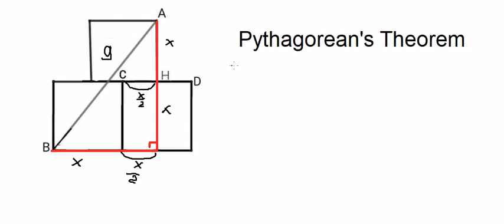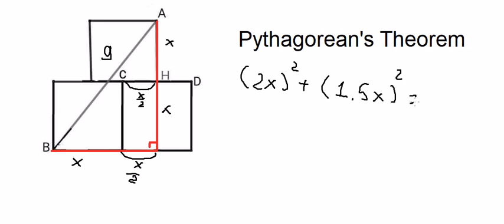So you get 2s squared plus 1.5 s squared equals 9 squared. So we sum the two numbers together. So you get 6.25 s squared equals 81.